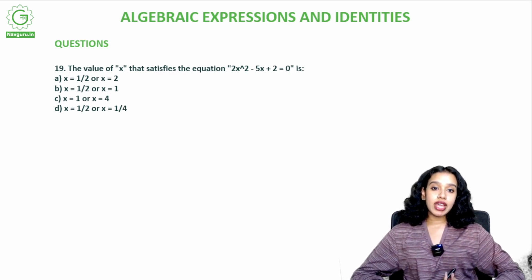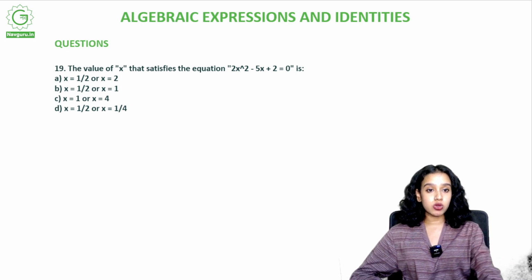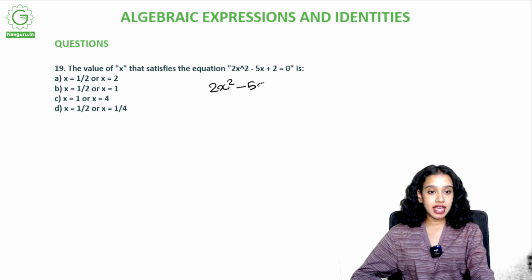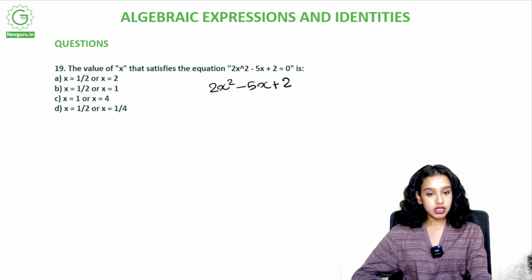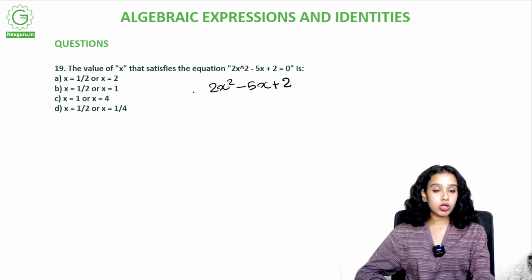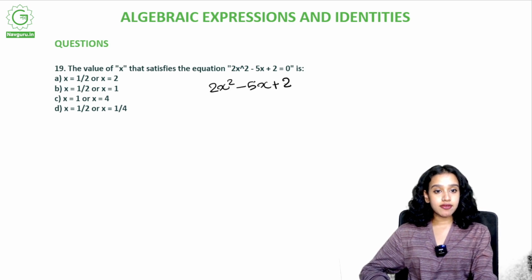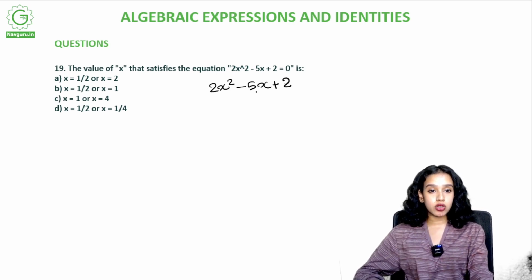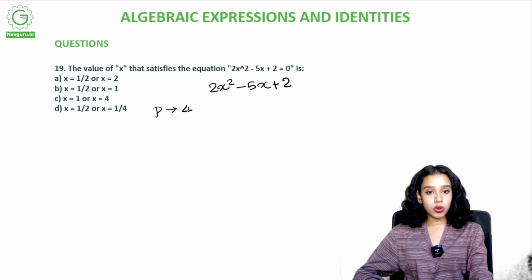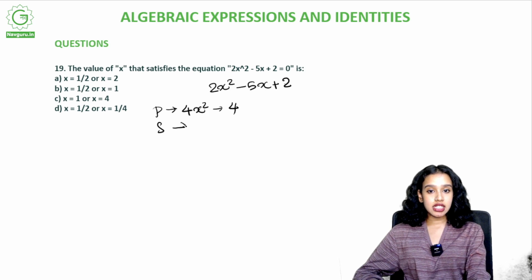The value of x that satisfies the equation 2x square minus 5x plus 2. So, we have 2x square minus 5x plus 2, right? So, we could either divide the whole by 2 or otherwise the product would be 4x square, which means the product would be 4 and the sum should be minus 5.